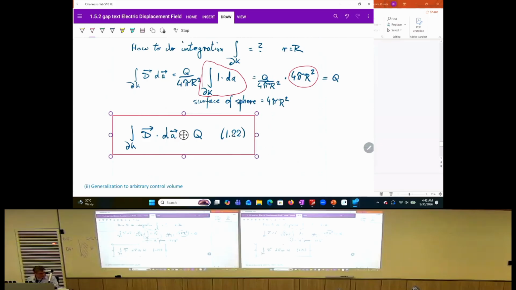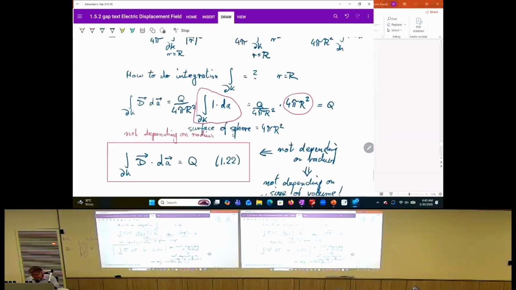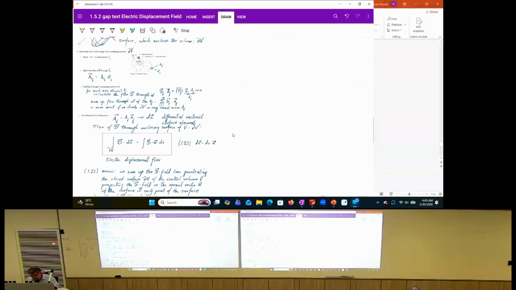And this is not depending on radius. You have to stress that here. It is neither depending on radius, nor on the size of the volume, nor on the shape of the volume.